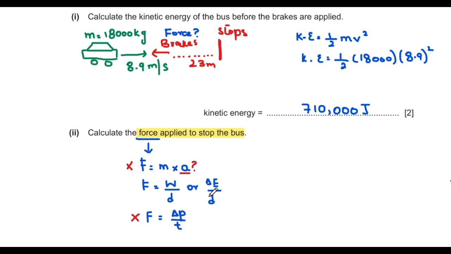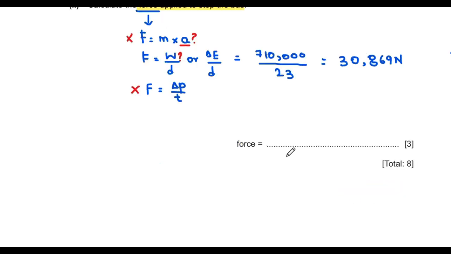So I can use this middle formula because I have the kinetic energy, and I have the distance as well. So change in energy is 710,000 joules and distance is 23. So the force is 30869 Newton. To 3 significant figures it would be 31,000 Newton.